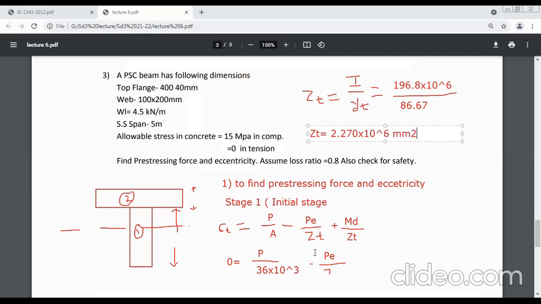Just put this value here: 2.270 into 10 raised to the power 6 mm cube.